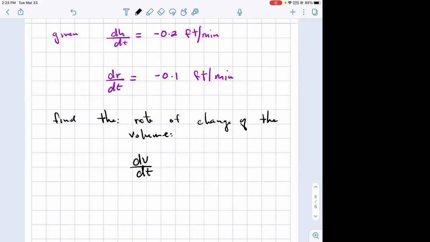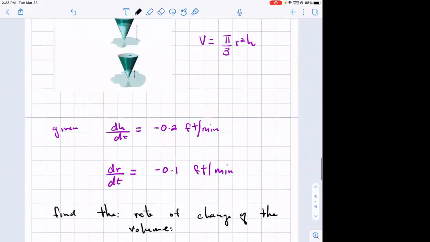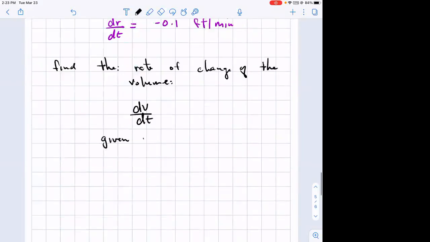You guys really need to understand this, right? This is what this whole thing is about here. And at the same time, they said given, if you look at the problem, R is 1 and the height is 2. So R is equal to 1 and H is equal to 2.